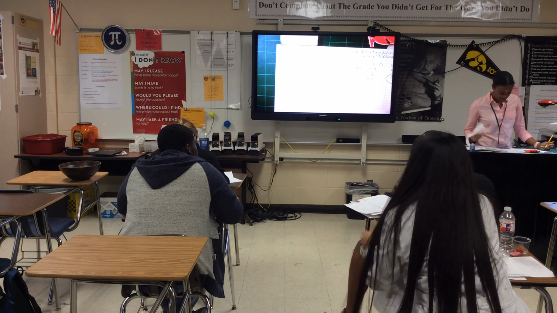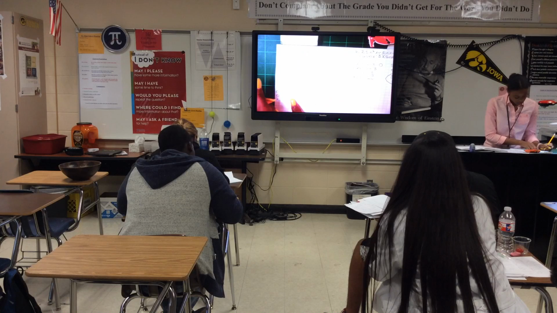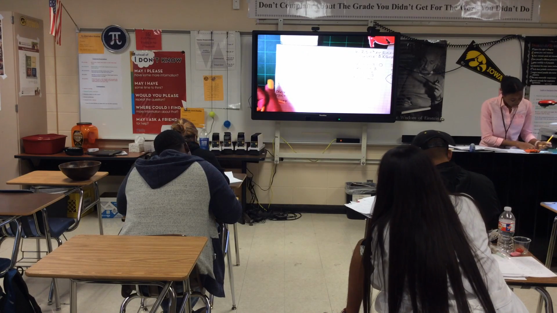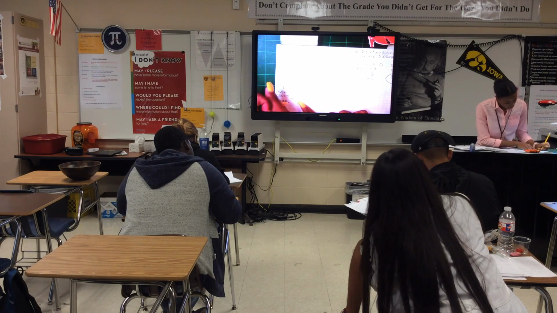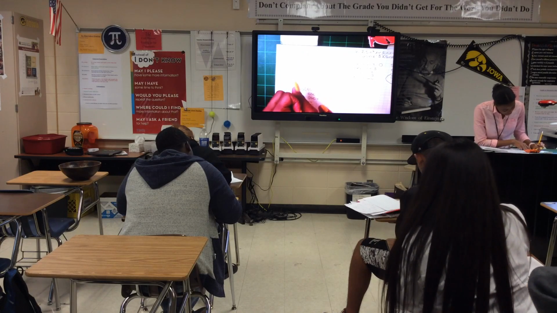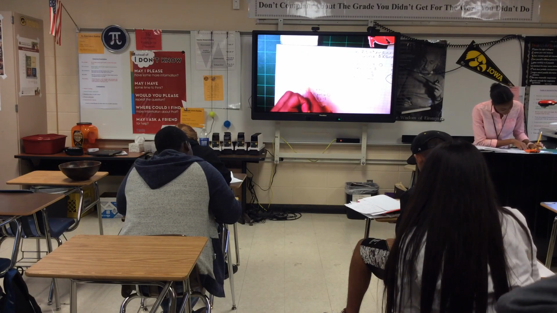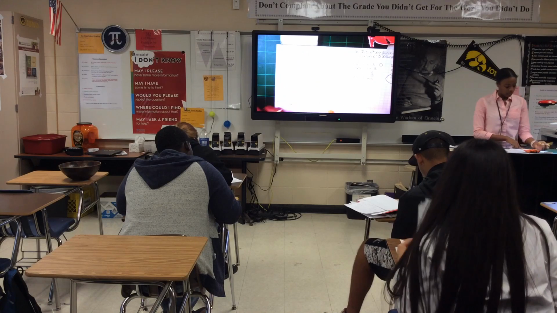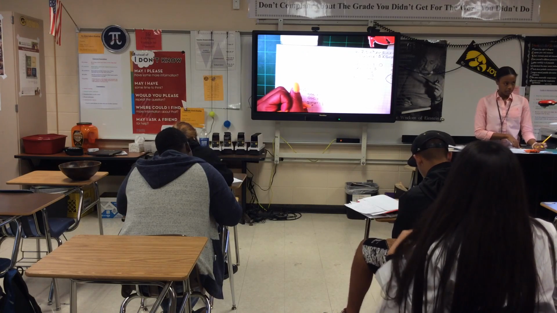The cosecant is for sine, so now it's sine x equals 1 over 2, so 1/2. And sine x equals negative 1.